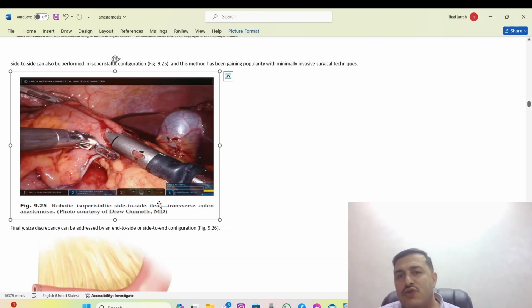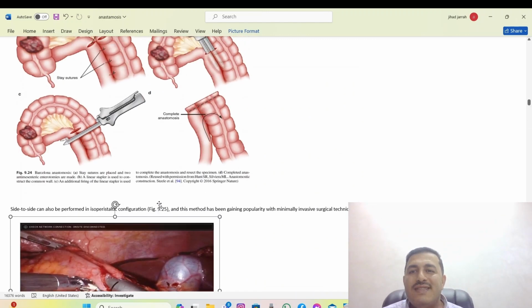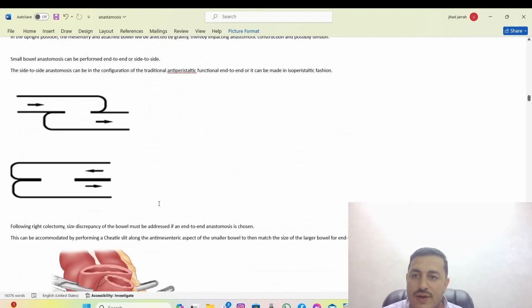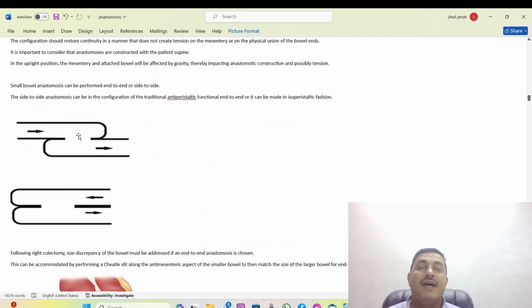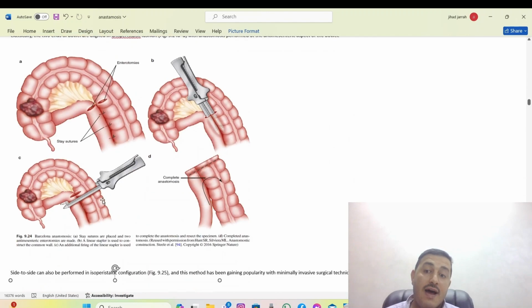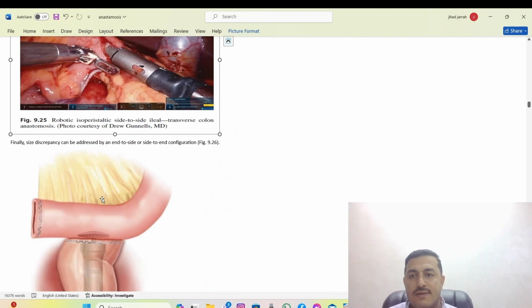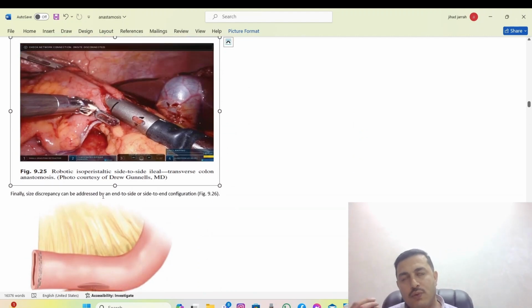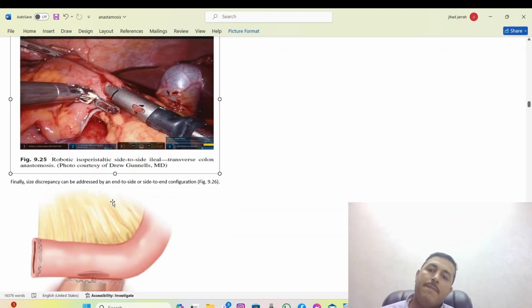Again, the advantage of isoperistaltic is that it requires less mobilization of the proximal and distal limb to reach each other when we compare it to antiperistaltic. And so we use it, for example, when we're performing extended right hemicolectomy, we do splenic flexure mobilization, but we use isoperistaltic.